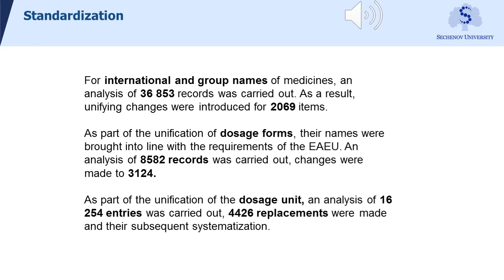We analyzed 33,000 records of international and group names and about 8,000 different descriptions of dosage forms and about 16,000 dosage units, and a lot of them were considered to be duplicated by some other entries, and our work in standardization was aimed to group these duplicate entries, make them similar in our database.